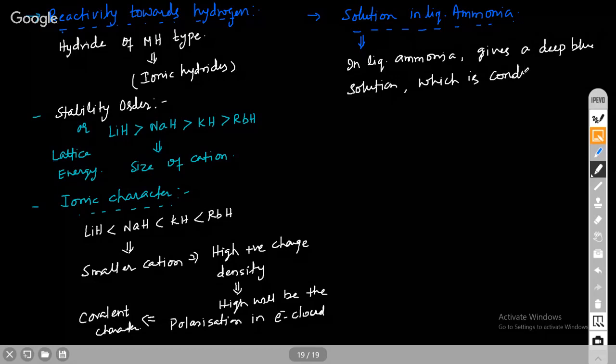This is important. It is conductive in nature and has strong reducing properties.